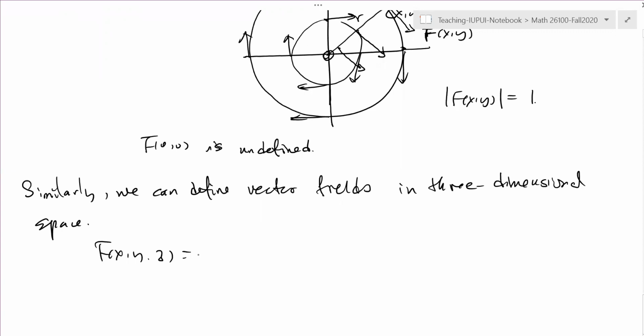What is the notation here in the book? It doesn't matter which notation. So three components, P, Q, R. Usually it's written as P(x,y,z), Q(x,y,z), and R(x,y,z). It has three components.